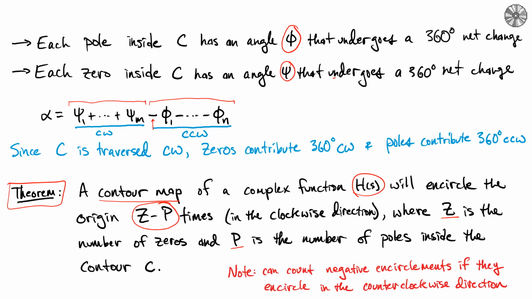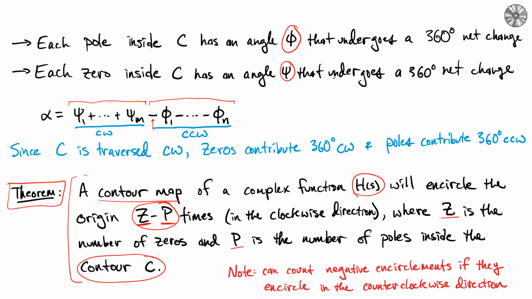All right, and so you can imagine we're talking about stability, and so the poles that we care about are the poles that are in the right half plane of the closed loop transfer function. And so that's what we're going to get to next. We're going to exploit this concept in order to study the role of the zeros and poles of a transfer function and whether they sit inside the contour.